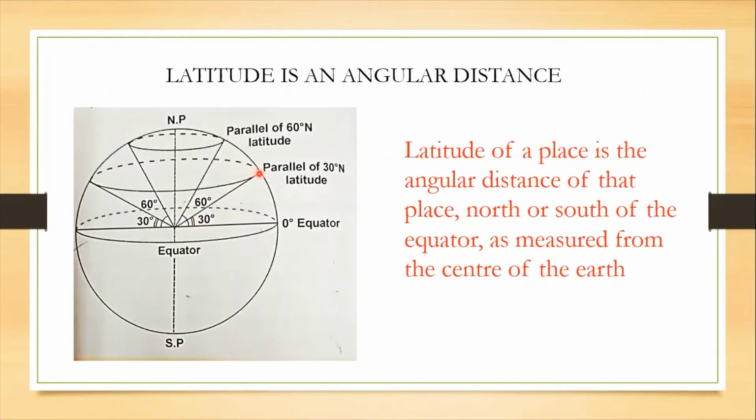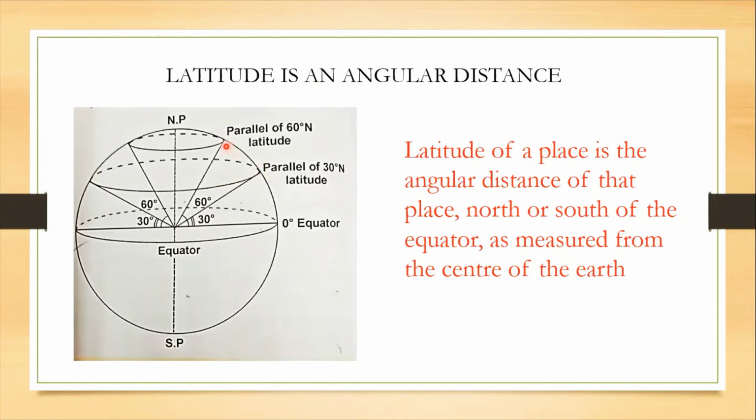This is how we are calculating latitudes. Hope you understood. That means from the center of the earth, the angle the lines make is the latitude of that particular place. So here for example, this line makes 30 degree from the center of the earth to the equator. That is why this latitude is 30 degree.